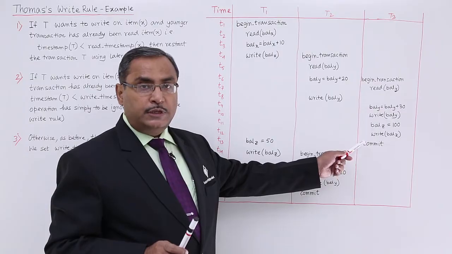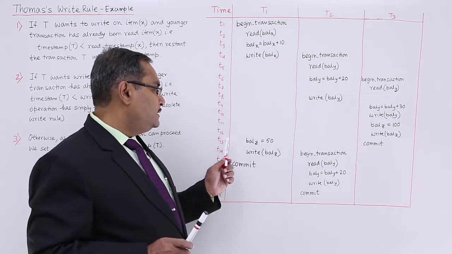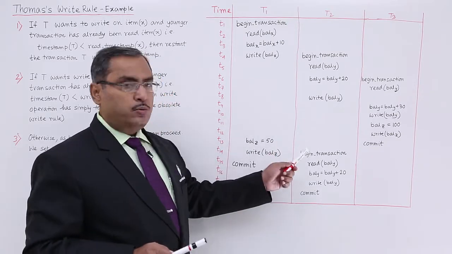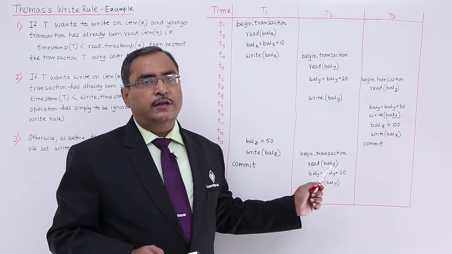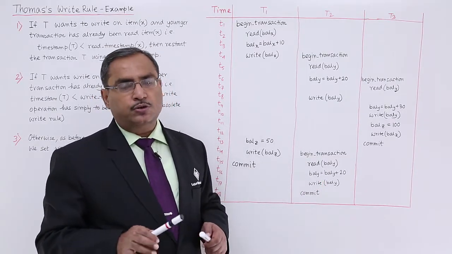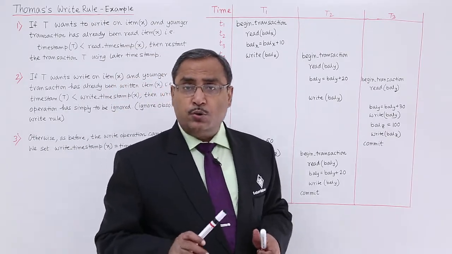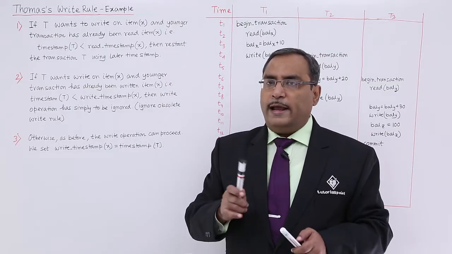After completion of the younger transaction T3 at T13, the older one, T2, will be restarted from the new timestamp T14, and its timestamp will also be reset to T14. So that was our rule number 1, which we discussed through one example.